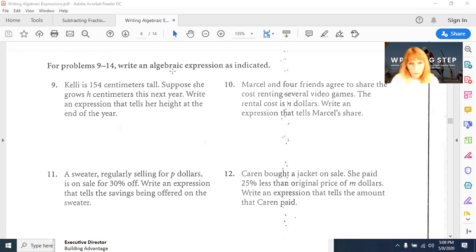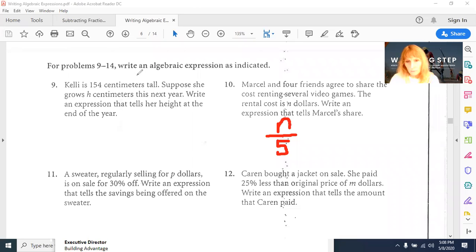So N is the total cost, and there are Marcel and how many friends? Don't be tricked on this one. Marcel and 4 friends, so a total of 5 people have to split the cost, right? So N divided by 5. Be very careful when you read through those that you're not tricked on some of those.